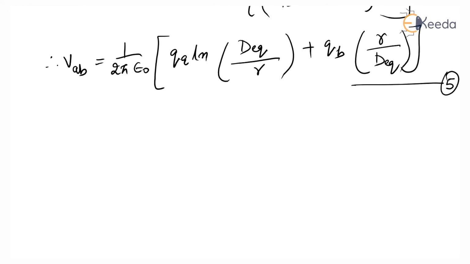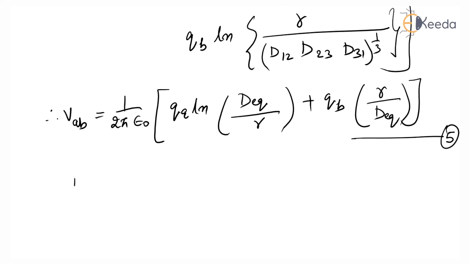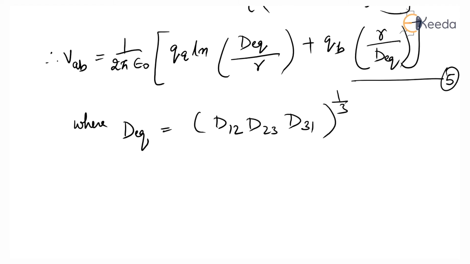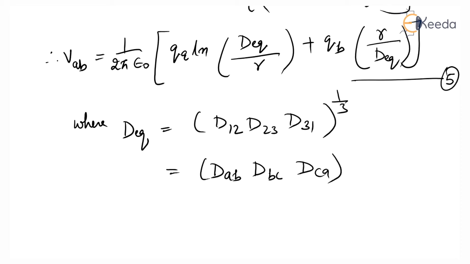Where you know D equivalent is equal to (D12, D23, D31) to the power 1 by 3, or we can write D12 as (DAB, DBC, DCA) to the power 1 by 3.